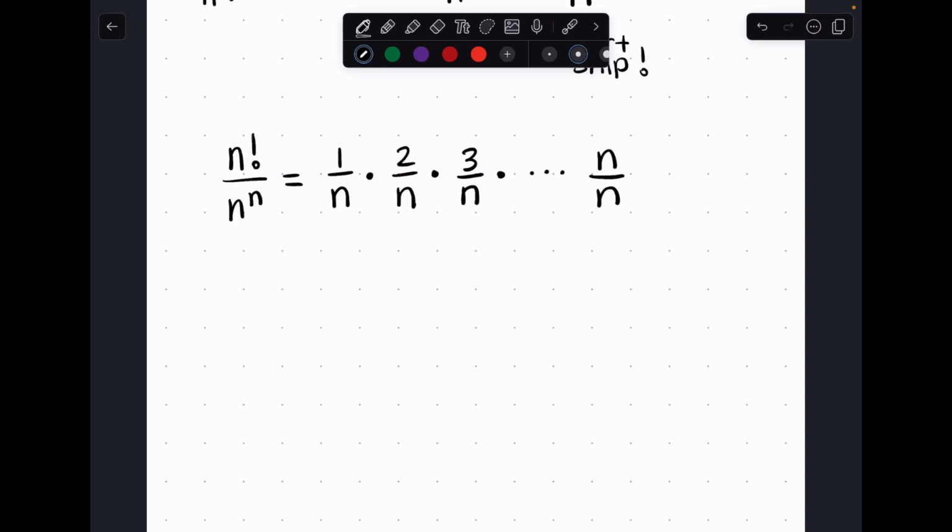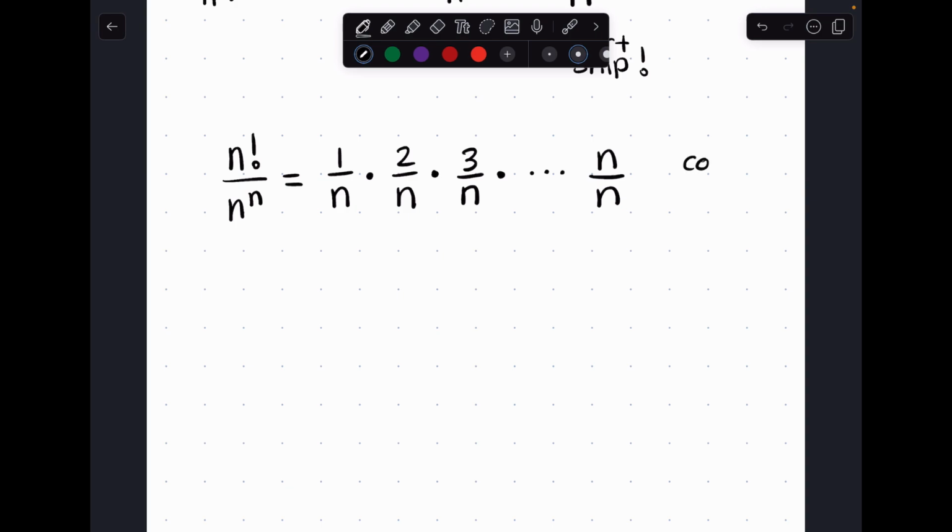In which case I want to bound it above by something that is convergent if we're thinking of using the comparison test. Or do I think it diverges? In which case I want to bound it below by something that diverges. And thinking about what's going on with the n factorial and the n to the n, I would think that maybe it converges.